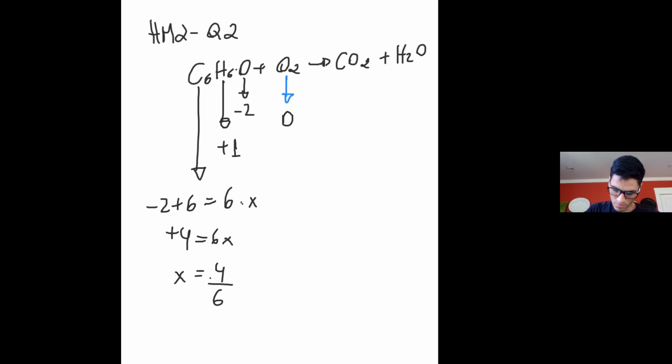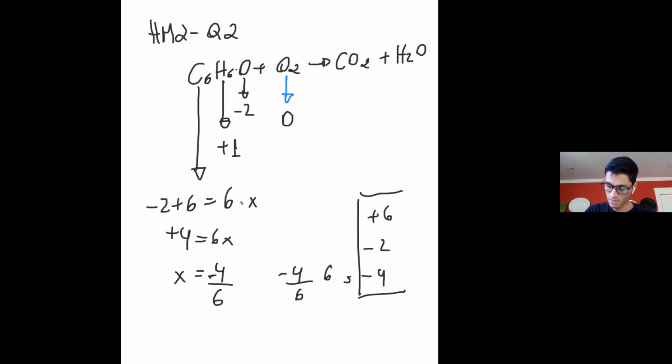Yeah, it should be minus 4/6 in here. Because if I add minus 4/6 times 6, I have -4, and then with the oxygen, I have -2, and the hydrogen gives me +6. If I add this all up, it's going to be 0, which is the charge of the molecule.